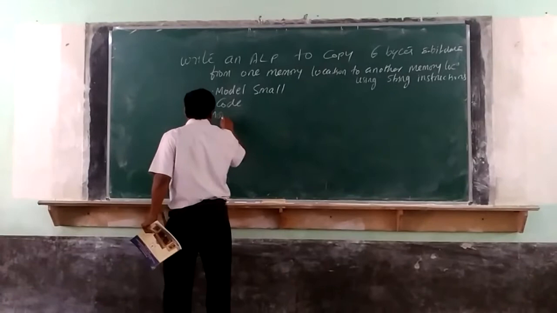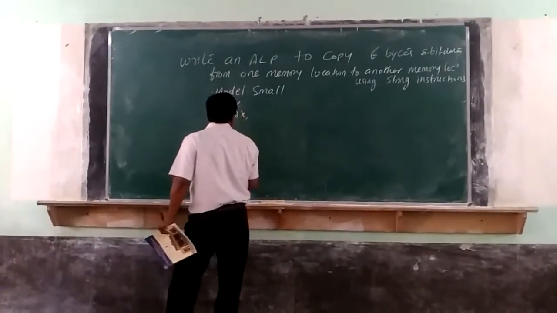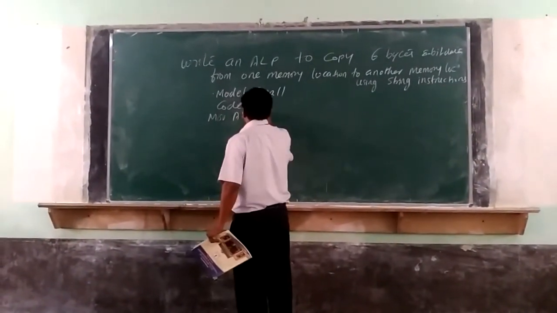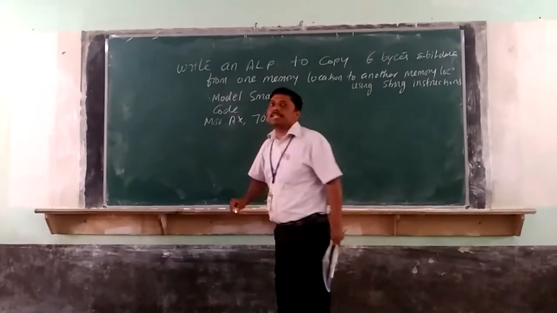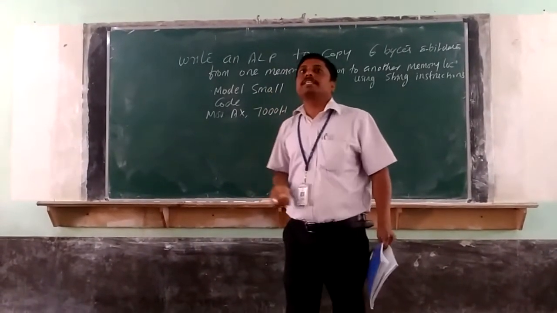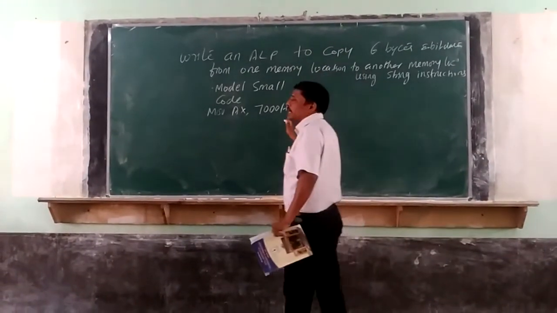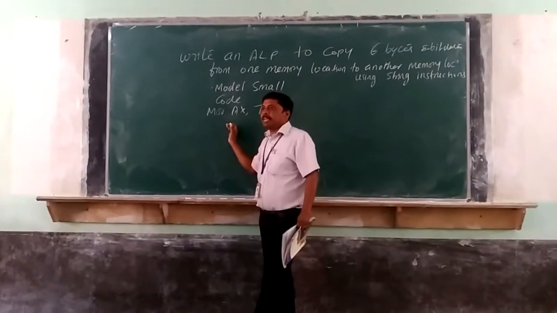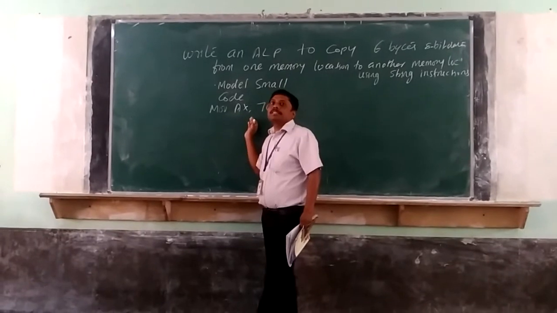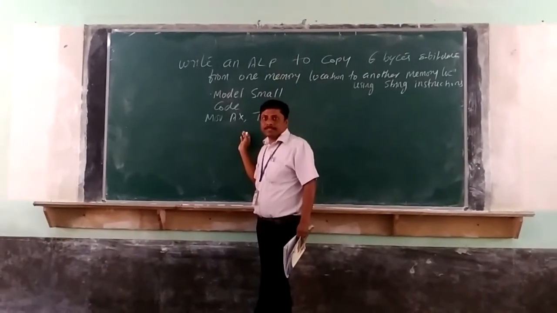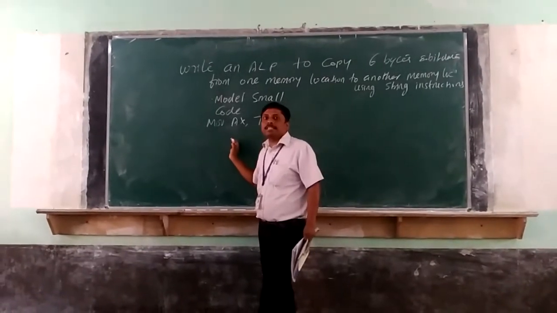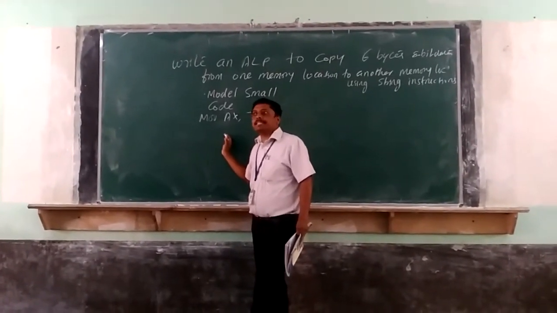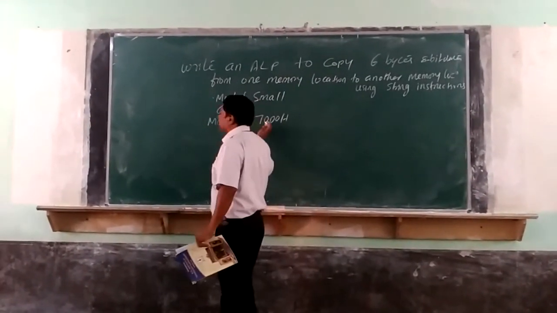MOV AX, here directly you can initialize the data segment. This is another way of writing the program, initializing the segment register. Directly you can write the number where you are going to start your data segment and extra segment, the starting address.